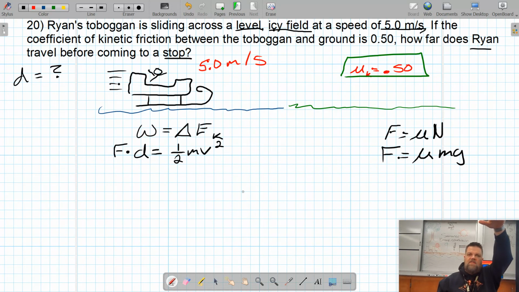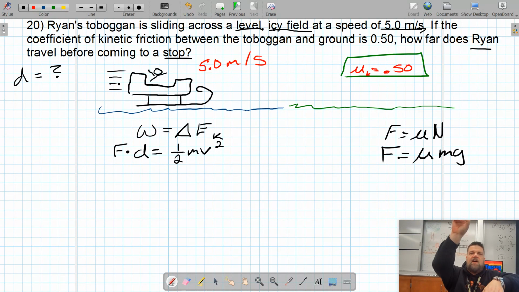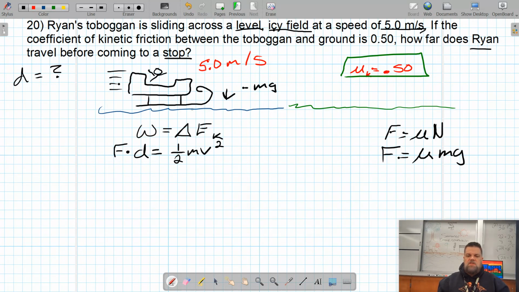Because if gravity is pulling you down, the normal force is counteracting gravity. So your weight is mg, but the normal force is counteracting. In other words, gravity is pulling down, which is a negative mg, but the ground is pushing up, so that's a positive mg. Otherwise, you're going to fall through the ice, you're going to fall through the ground.